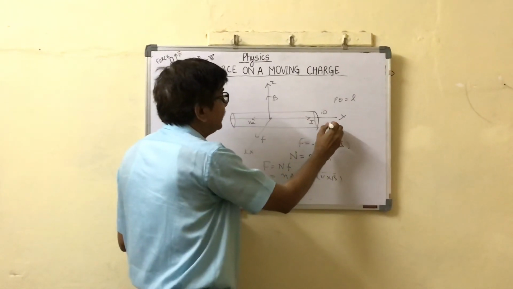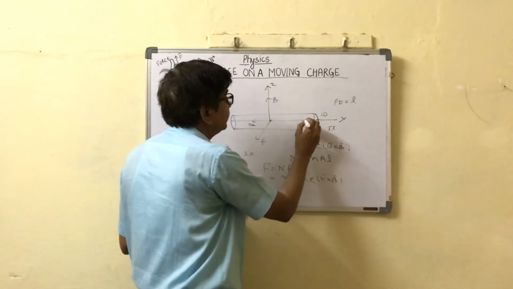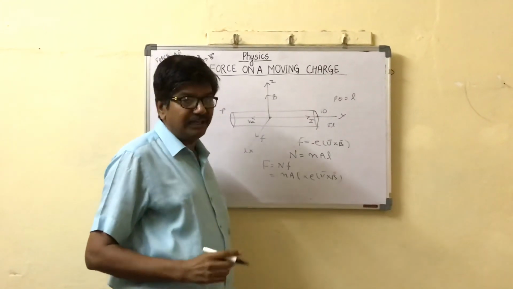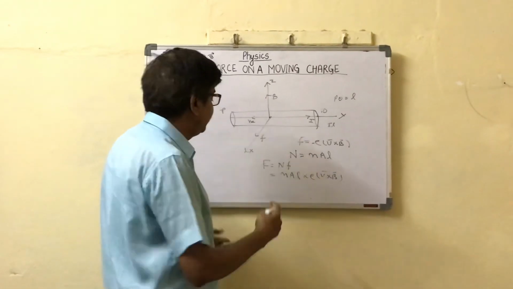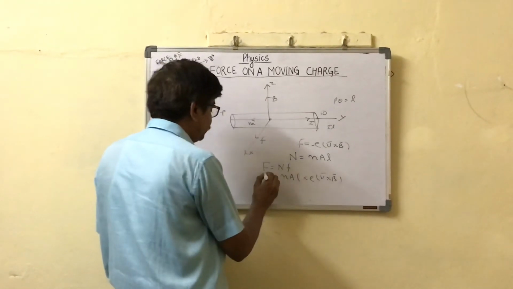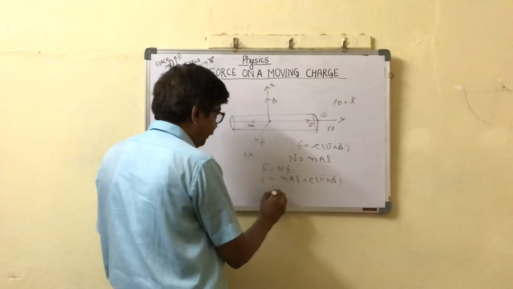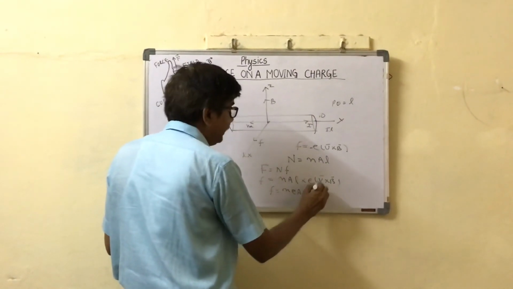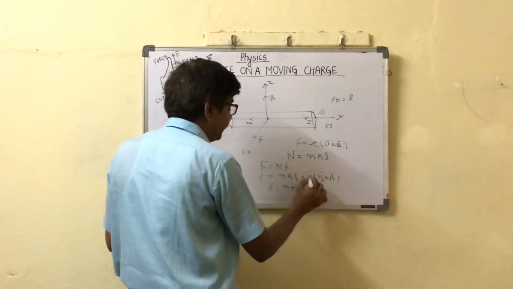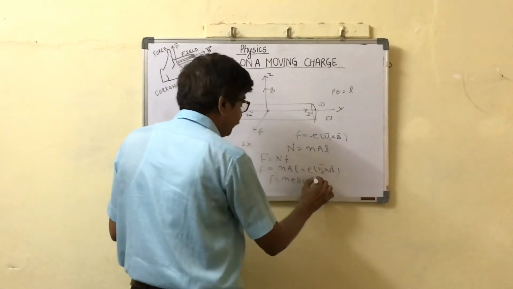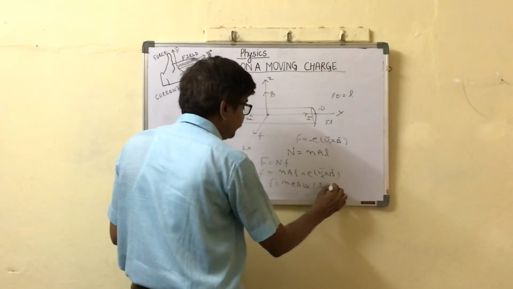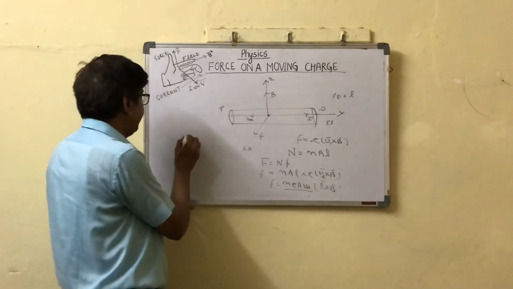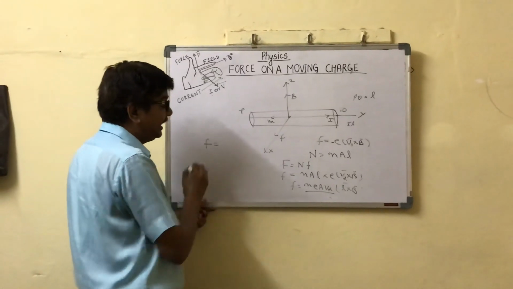IL is a current element. This IL current element is opposite to the drift velocity. So the total force is F equals n e A vd, where vd is the drift velocity, times L cross B. What is n e A vd?